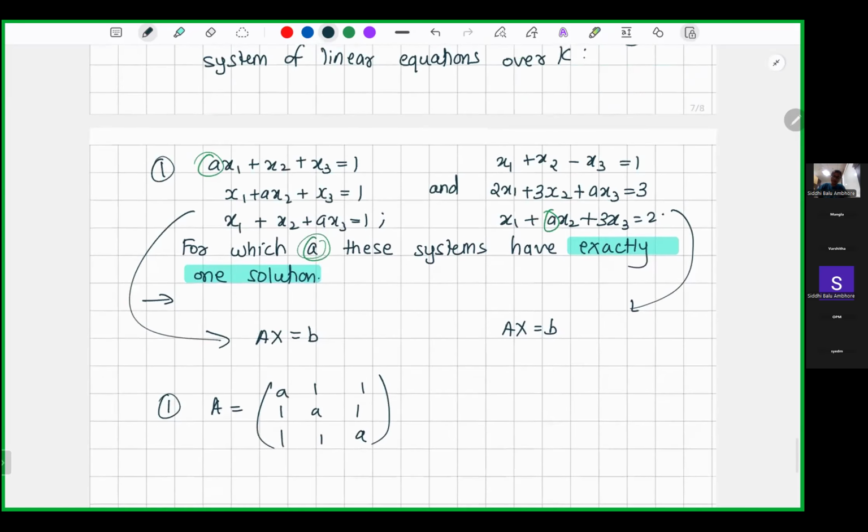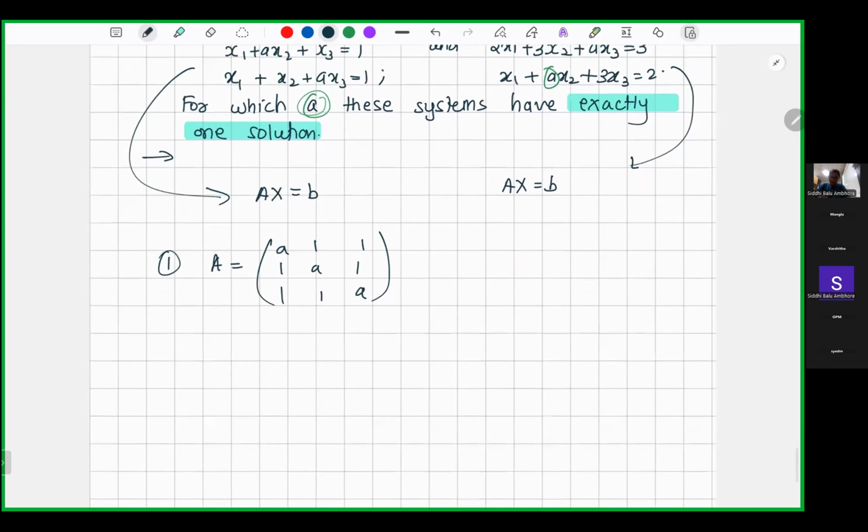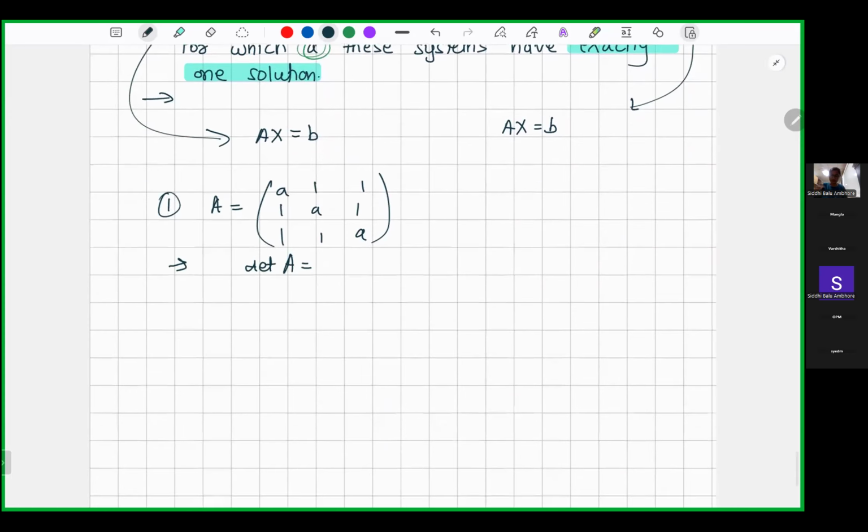Let me give them numbers. So determinant of A, I will add that note later, but for now let us focus on this. This is A into A square minus 1.